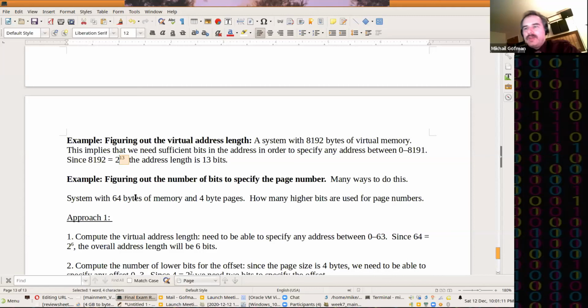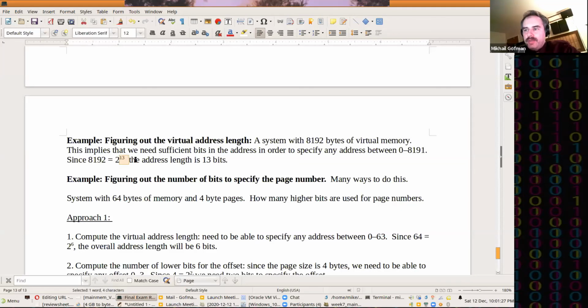We can also use logarithms to figure it out, but since everything is a power of 2, it's overkill. So the size of the memory is 2 to the power of 13.